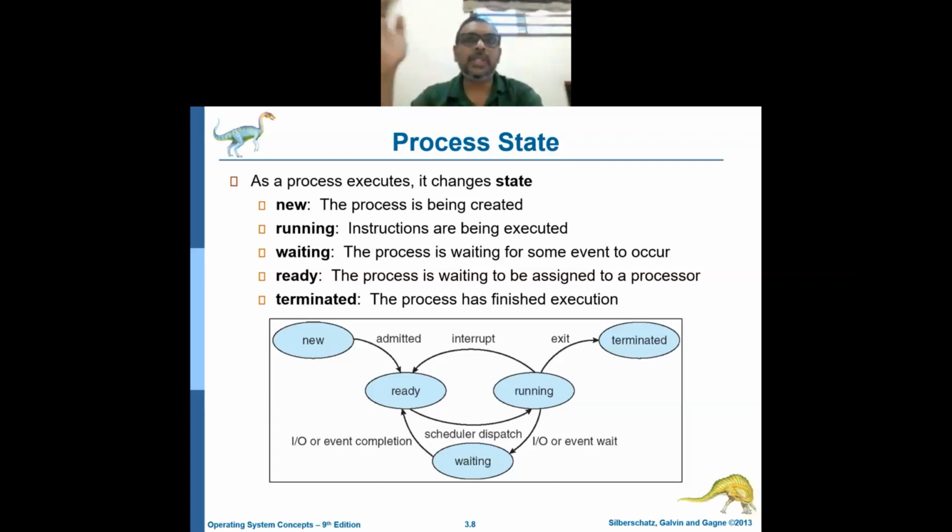But certain processes, for example on your phone, when you want to make calls, the program that makes calls is waiting for an input. Once you type in the phone number, only then can it start making a phone call.